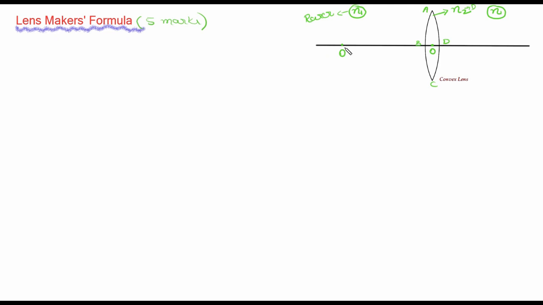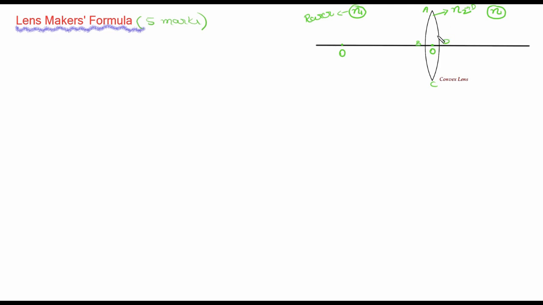As you know, the convex lens, which I mean is a double convex lens, is made of two spherical surfaces. For this sphere the radius of curvature will be on this side, and for this sphere the radius of curvature will be on this side, which means this double convex lens will have two radii of curvature, two centers of curvature, as well as two normals.